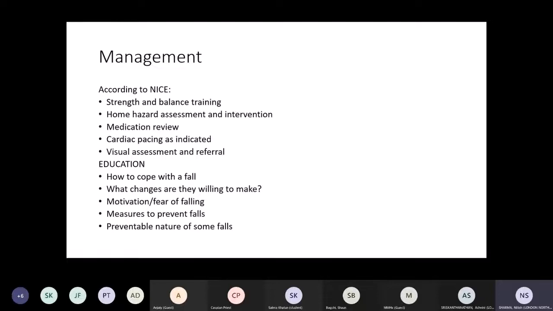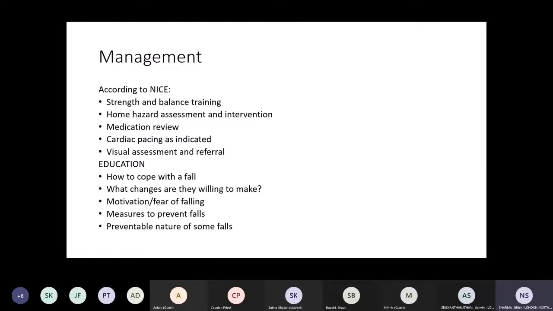As I told you, there's a recurrent chance of fall, so it's very important to educate people on how to cope with falls, and what changes they are willing to make. This basically involves encouraging them to move out with help, going for physiotherapy, community physiotherapy, or a rehab center.